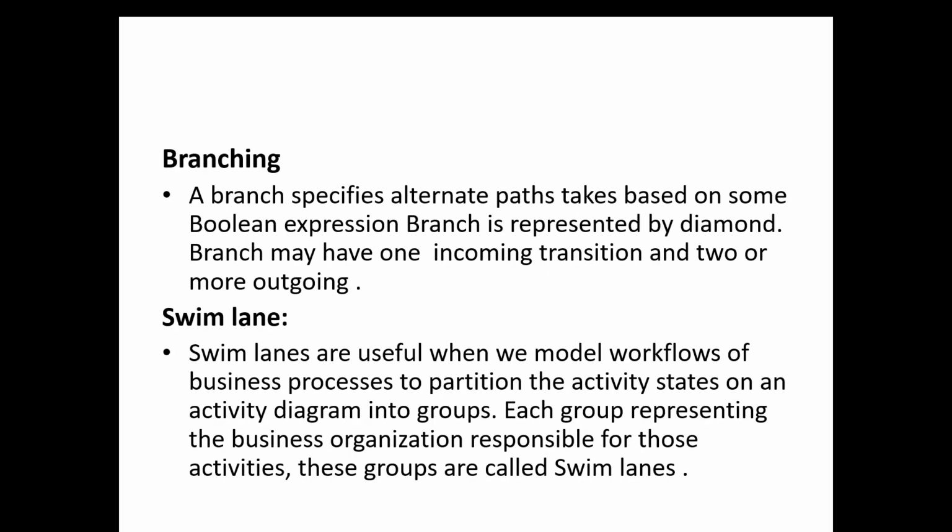Branching, as I explained, specifies an alternate path taken based on some Boolean expression. Another thing which we can use in an activity diagram is a swim lane. A swim lane is used when activities are shown between two or more actors or various objects. So particular activities associated with a particular object can be combined using a swim lane.